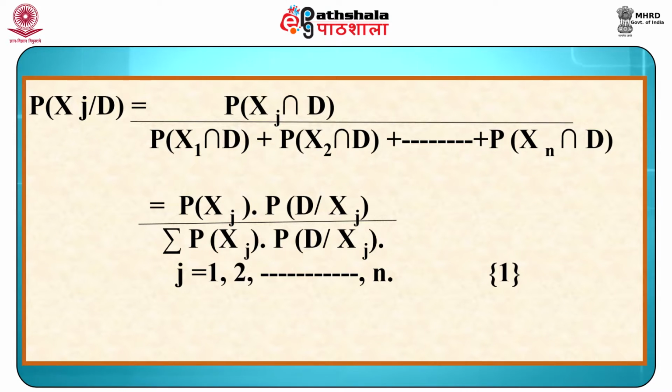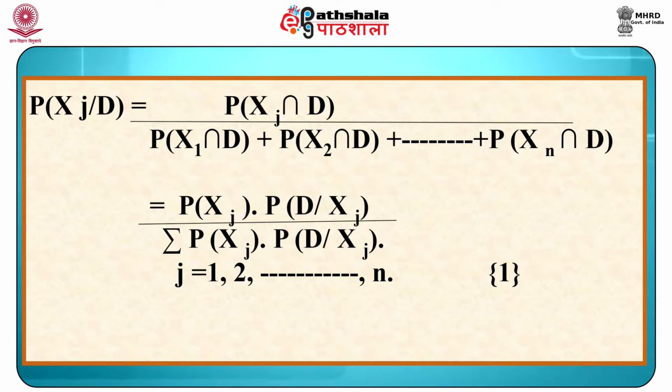So, the probability of xj divided by D is equal to the probability of xj intersection D divided by the probability of x1 intersection D plus the probability of x2 intersection D, which continues right up to the probability of xn intersection D. This is then equal to the probability of xj into the probability of D divided by xj, divided by the summation of the probability of xj multiplied by the probability of D divided by xj, where j is equal to 1, 2, 3 right up till n.